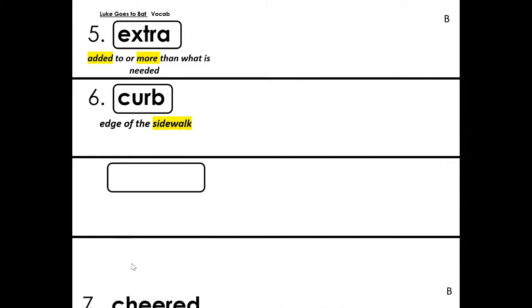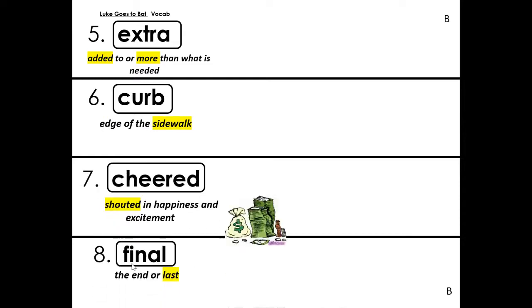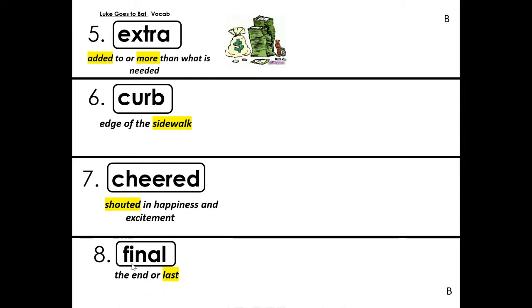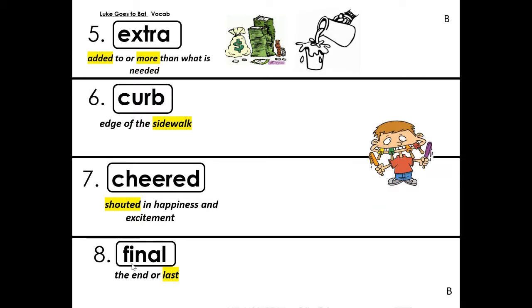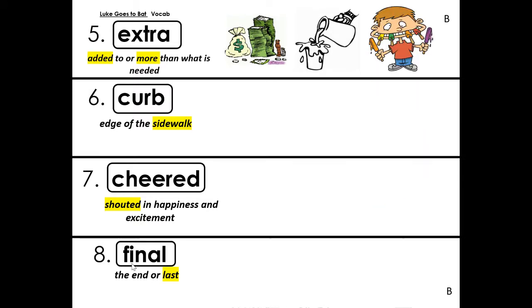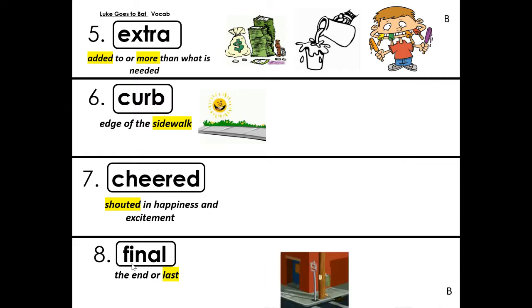All right, number 5, extra, added to or more than what is expected. Extra. Okay, so number 5 is extra, added to or more than what is expected or needed. So there's your pictures for extra. Number 6, curb, edge of the sidewalk.